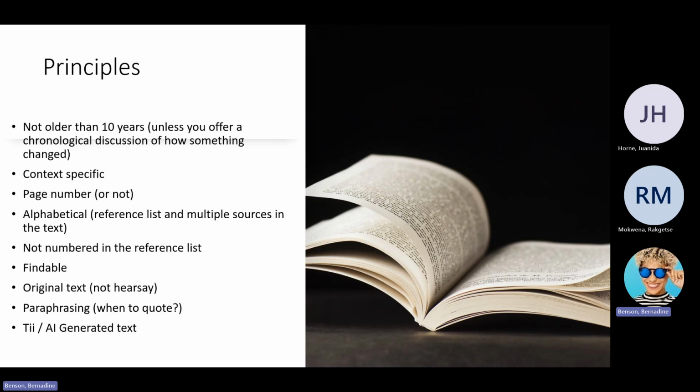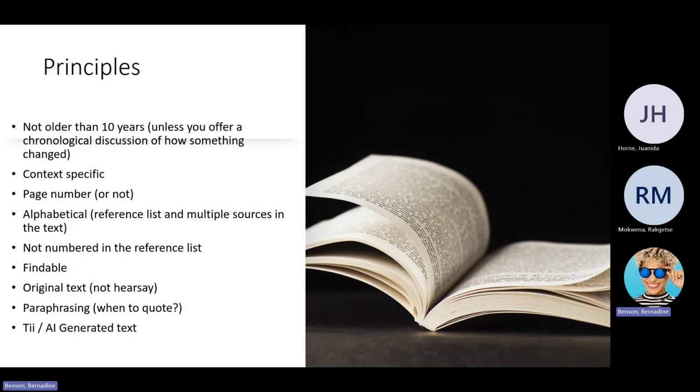And that is why when you submit to Turnitin, your lecturer or your supervisor will interrogate the findings to see, okay, yes, let's say you quoted out of the Constitution or the Bill of Rights. Then that section is fine. We disregard that piece of text that is quoted. We actually only are interested in those sections of the text where you have not sufficiently paraphrased.